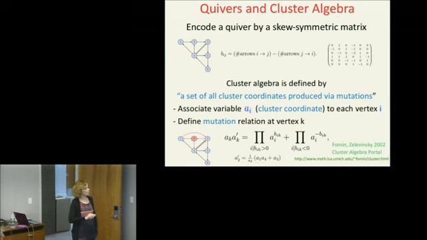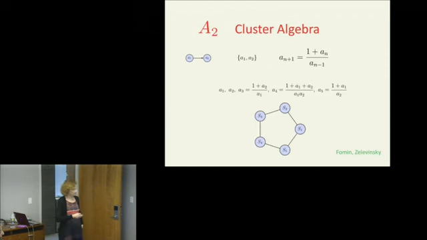So we start with 6 variables, and then suppose we pick one of them, say 2, and define A2 prime: we mutate at node 2 by this formula. I'm going to have an A2 example on the next slide. We get some new variable A2 prime, given by this formula, and we proceed doing this on each node until, for example, as you saw here, it stopped. It was only 5 variables.